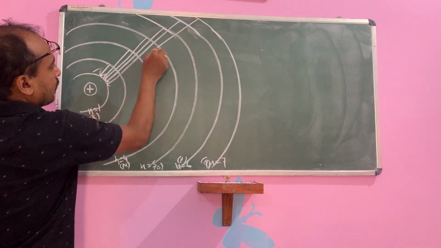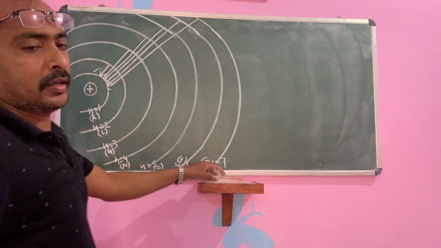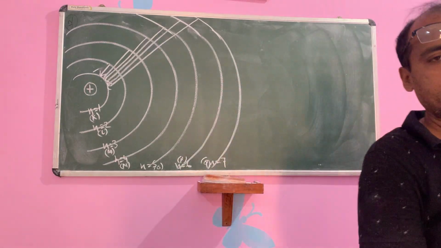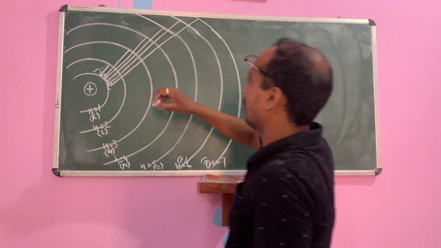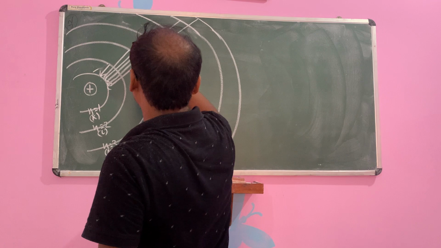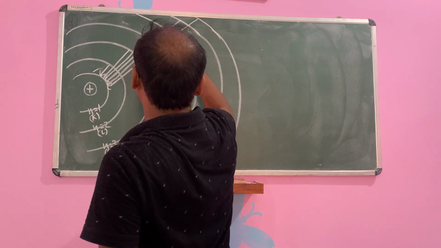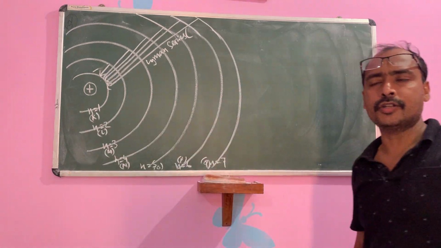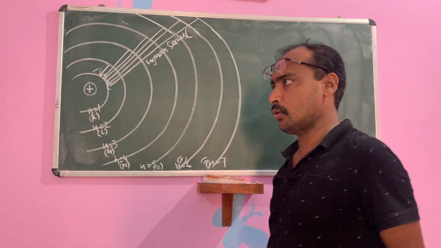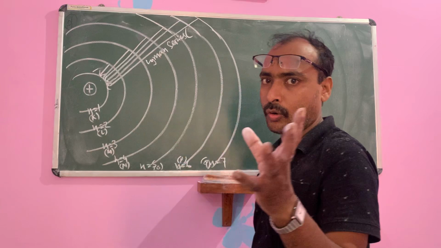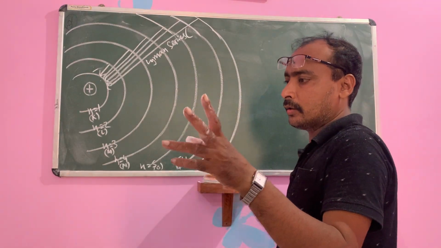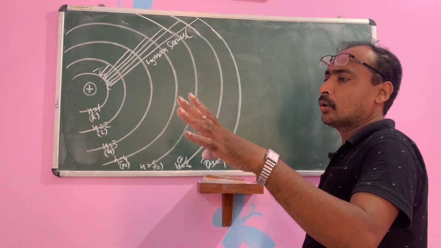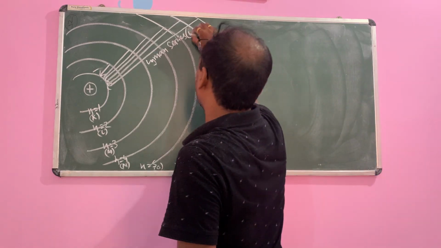All to K. This is one series, one packet. That is known as the Lyman series. It has radiation with frequency and wavelength in the ultraviolet zone.